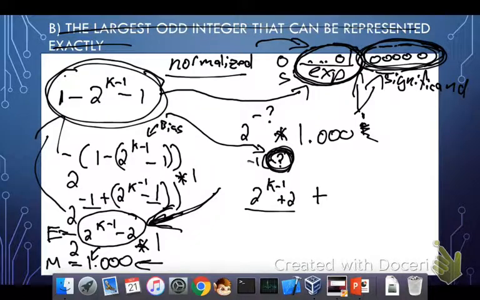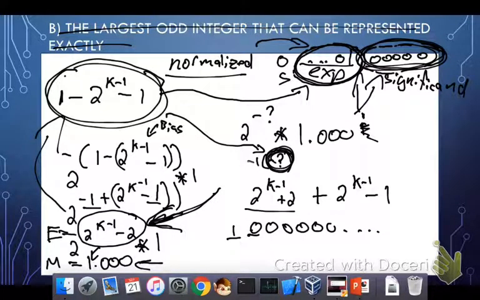So we're going to add to that 2 to the k minus 1 minus 1. And we want to talk about what the bits look like. Well, 2 to the k minus 1, what is that? That's a 1 in the k minus 1th position, followed by a bunch of zeros.